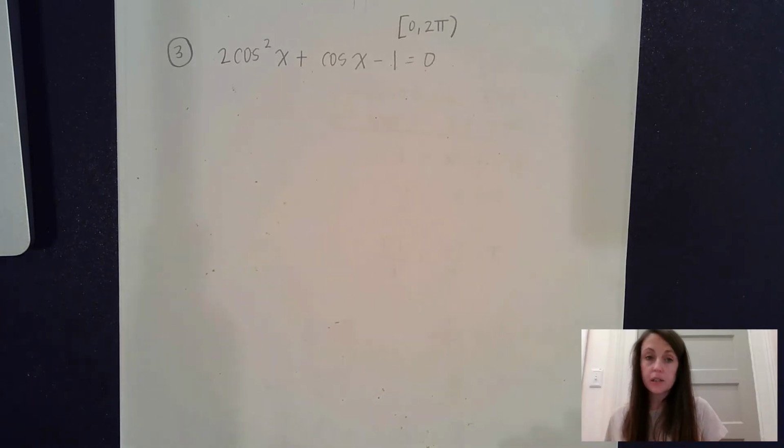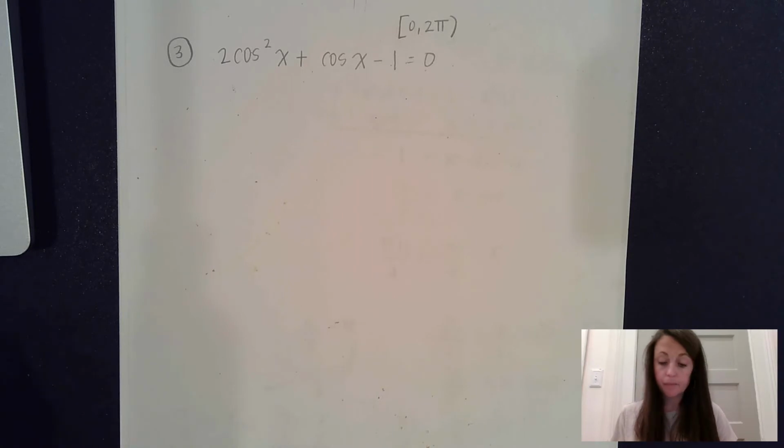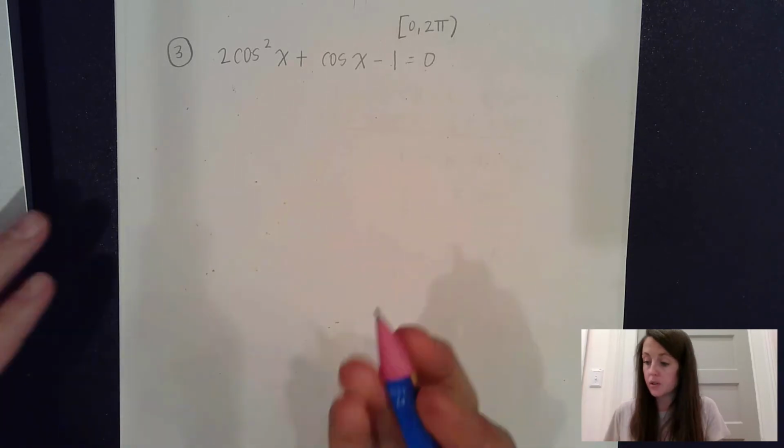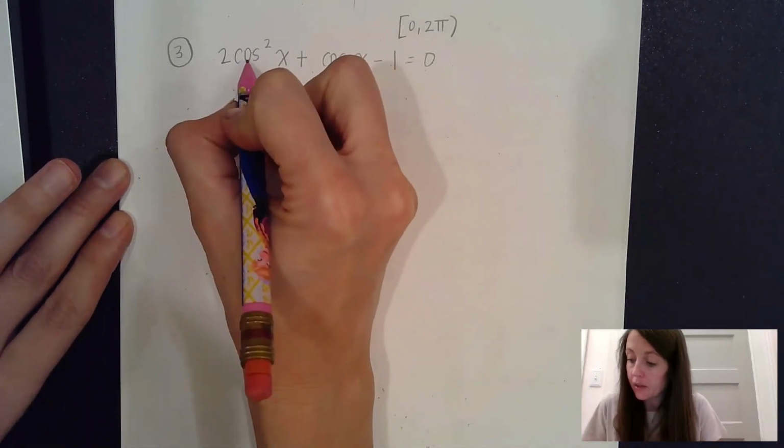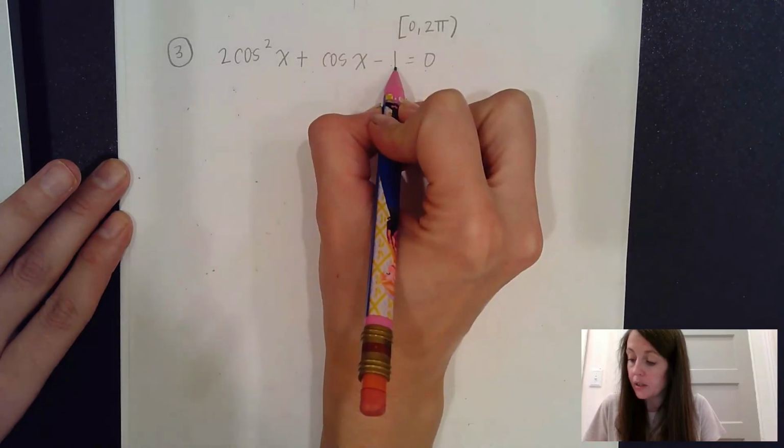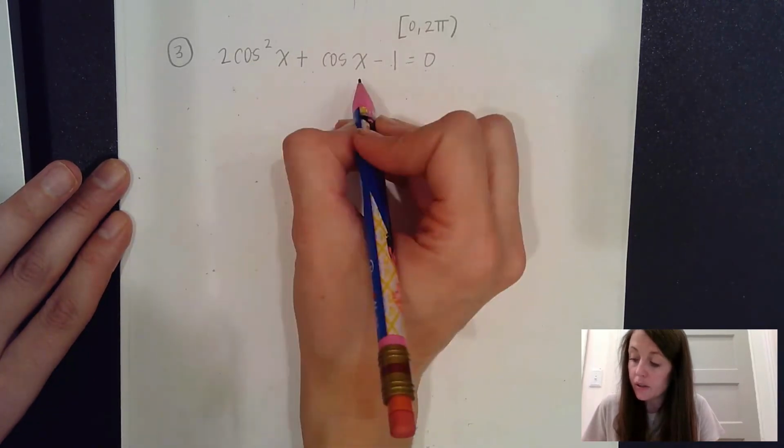I could treat this the same way. This is a trinomial. So I've got a cosine squared, I've got a cosine x, and I've got this one here.